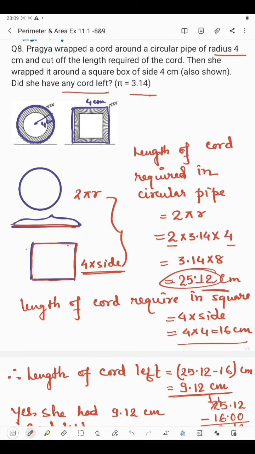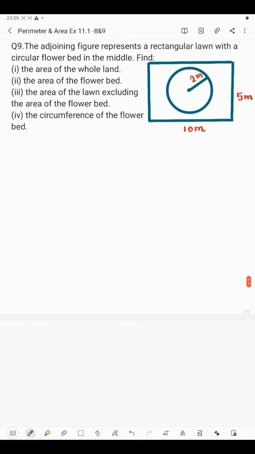Now moving on to question number 9. Question number 9 says the adjoining figure represents a rectangular lawn with a circular flower bed in the middle. This is the rectangular lawn of length 10 meter and breadth 5 meter. And here is a circular bed in the middle of the lawn.